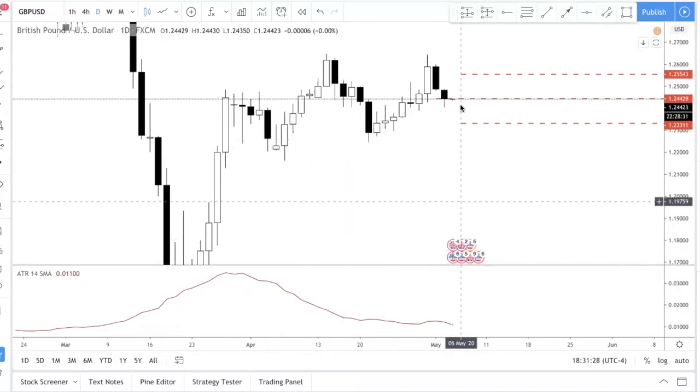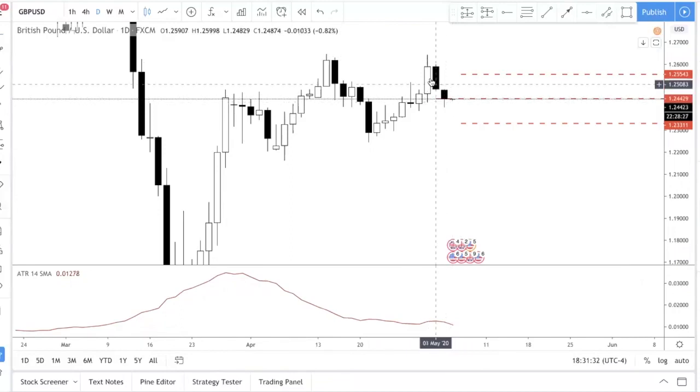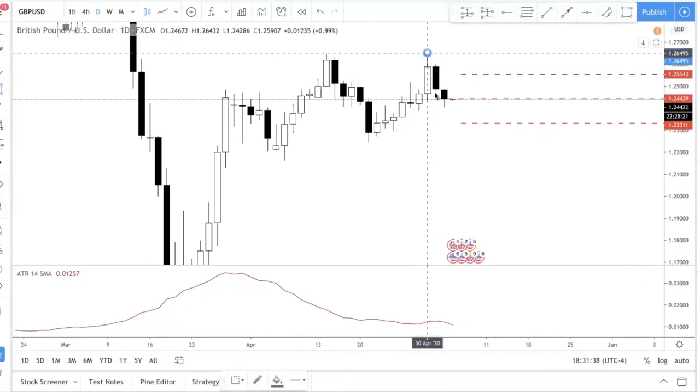What it means is that you are taking the entire range of the candle. For example, let's take a look at this candle. You are calculating the range of this candle, that whole range. You take the high, which is 1.26432, and you take the low, which is 1.24286. You just minus, and you get the true range for the day.